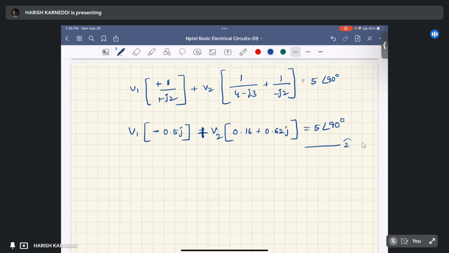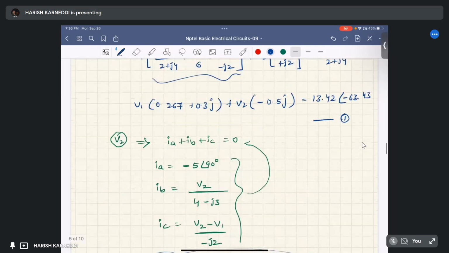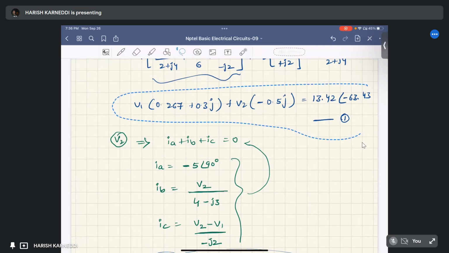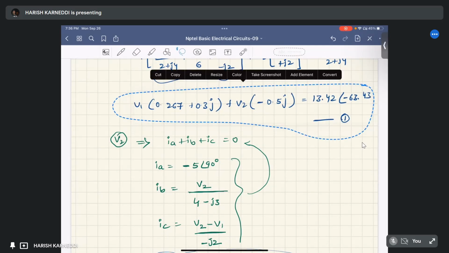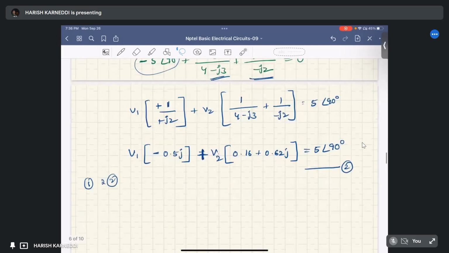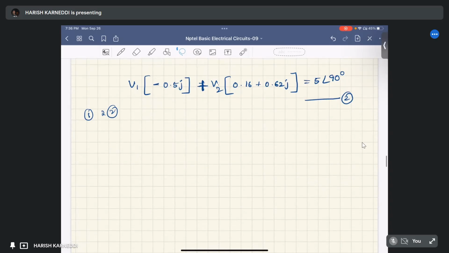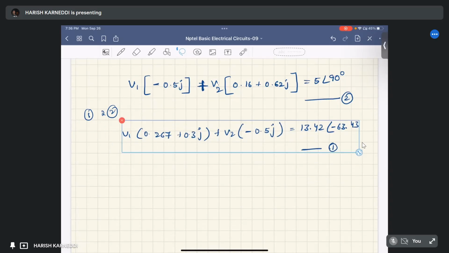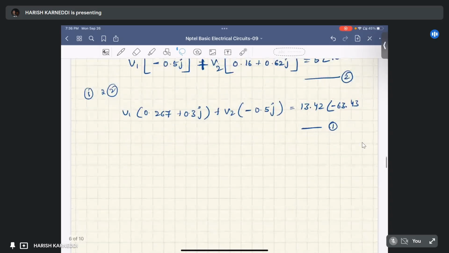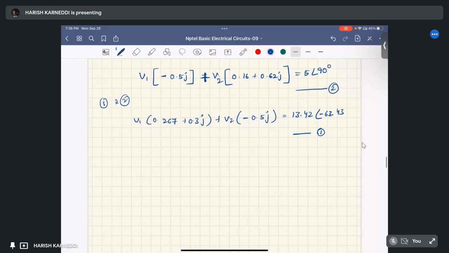This is equation 2. We will solve equation 1 and equation 2, and we will get the values of V1 and V2.